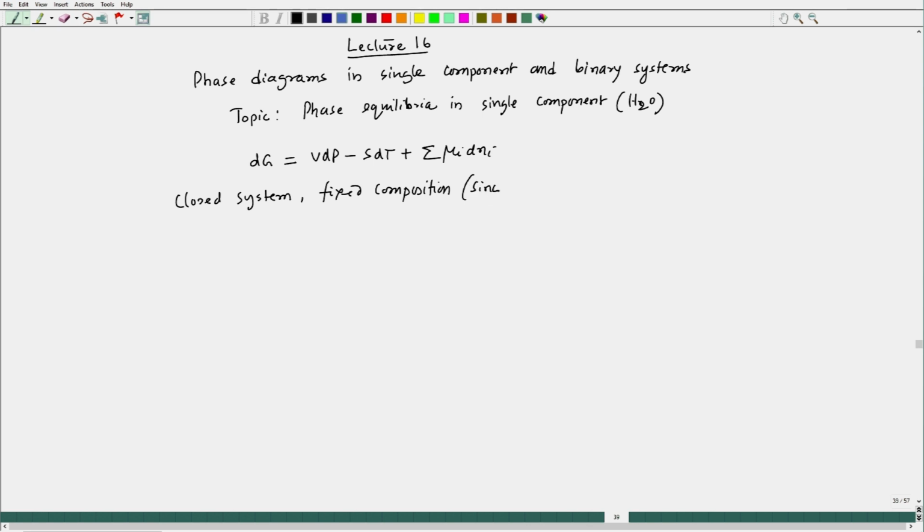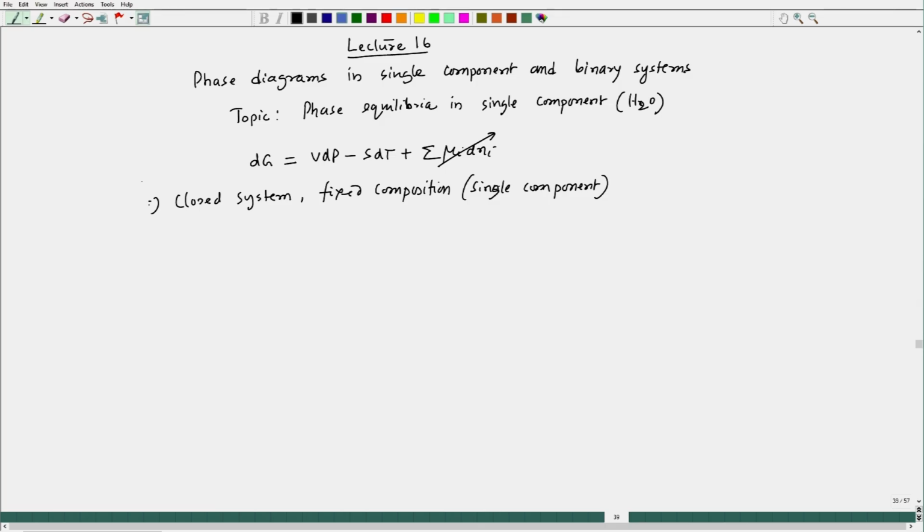Since it is single component, I can ignore this term because the composition will always be fixed, and there will be no contribution from the chemical potential.